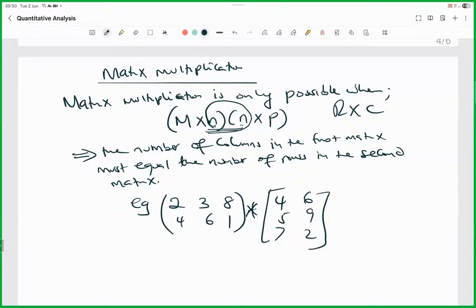Can someone tell me the order of the first matrix? Anybody who is able to see the order of the first matrix? Please, the order of the first matrix.